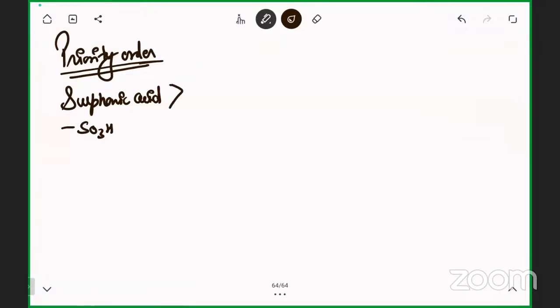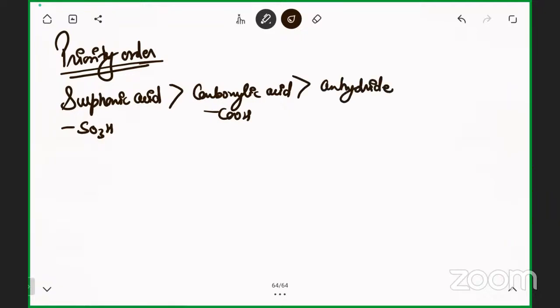Then we'll go for the carboxylic acid, the group is COOH. Then we'll go for the anhydride. First, what is anhydride?